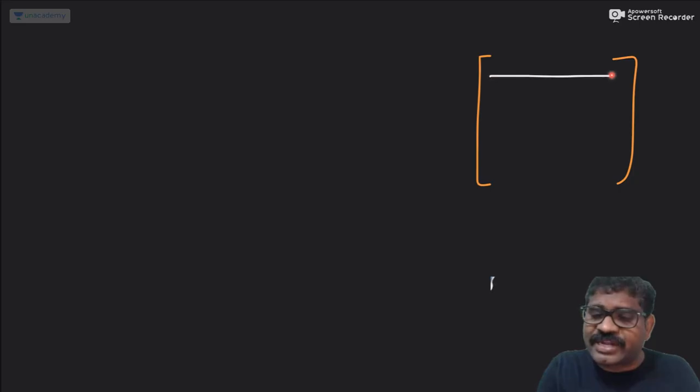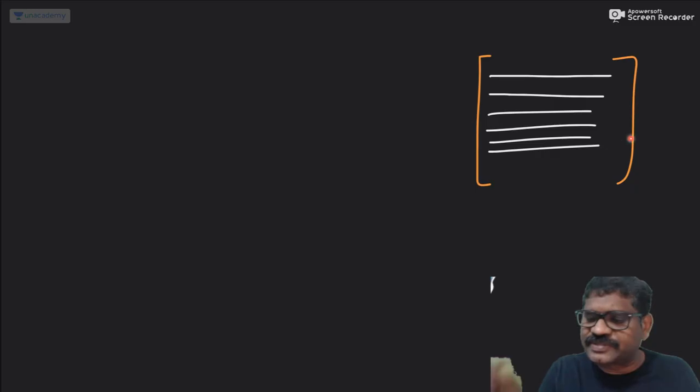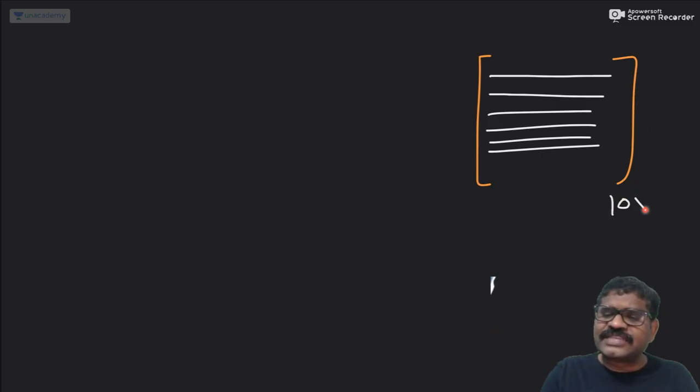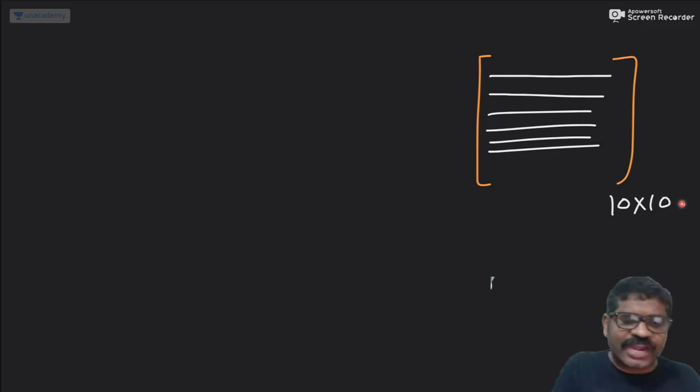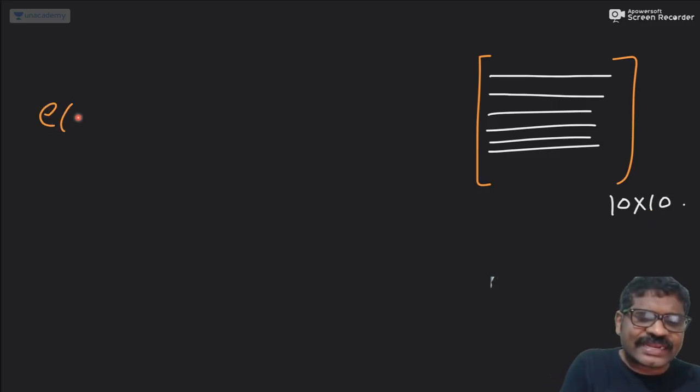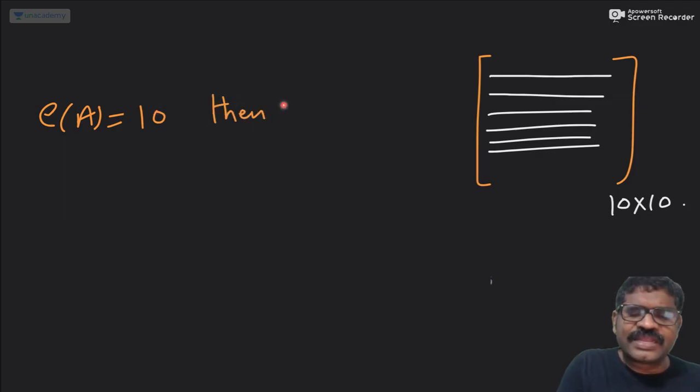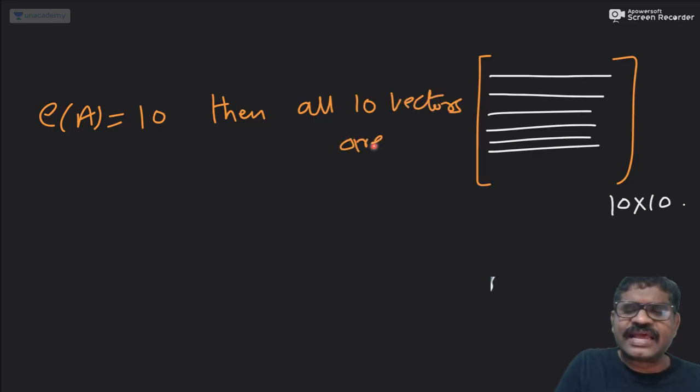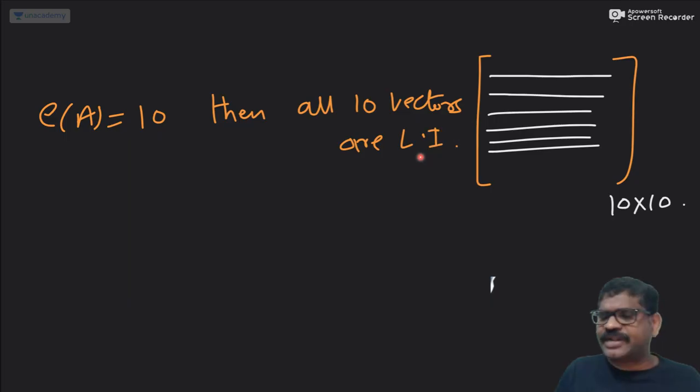Arrange the vectors in a matrix like this and calculate the rank. If the matrix is 10 cross 10 and rank of A is 10, then all 10 vectors are linearly independent.